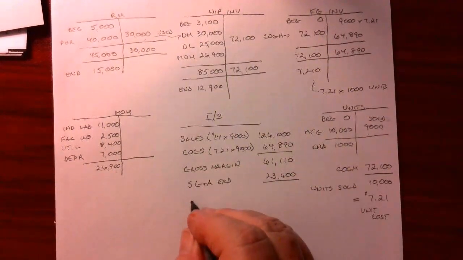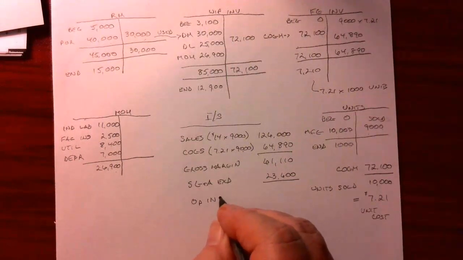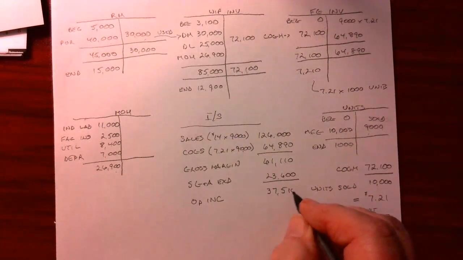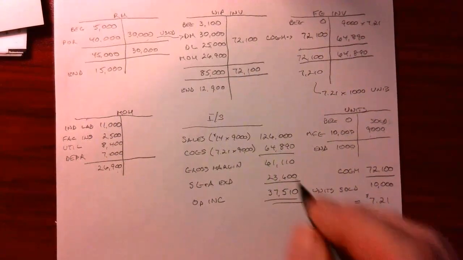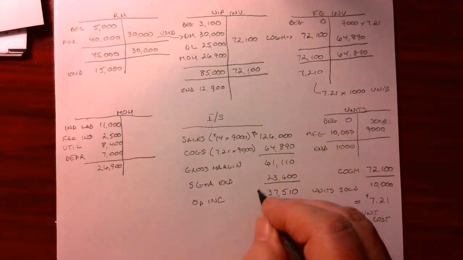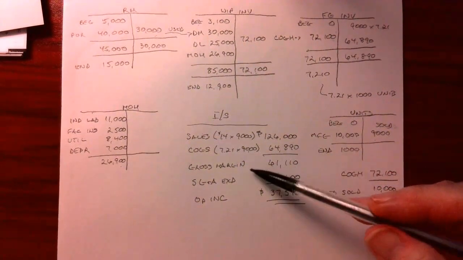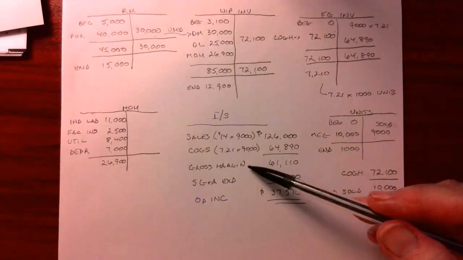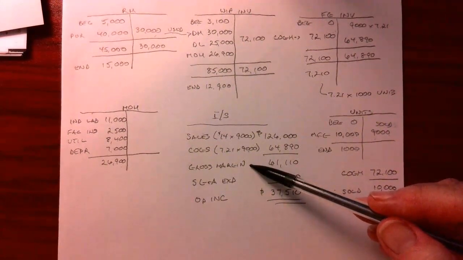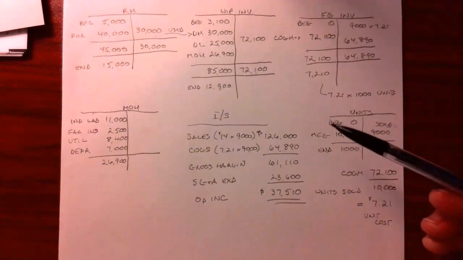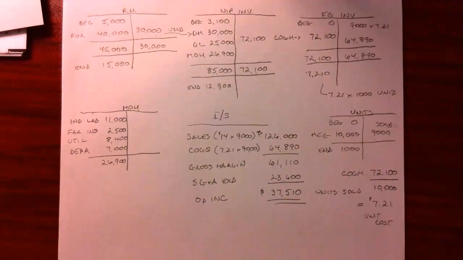Subtract that, and we've got operating income of 37,510. Dollar sign at the top, one at the bottom. Okay, that's a decent income statement. Make sure that if I ask you for an income statement on the exam, you give me a gross margin, okay? That's like a required subtotal there. Okay, so that's one problem that at least helped get you started on this.